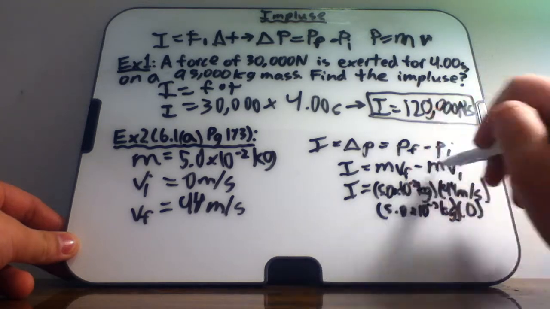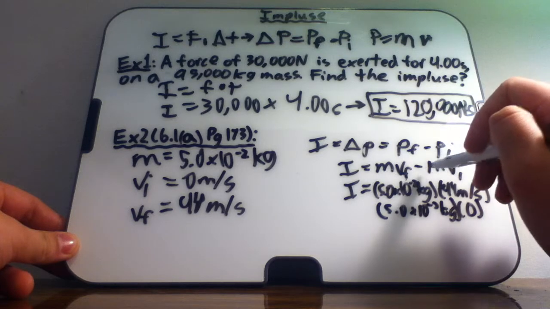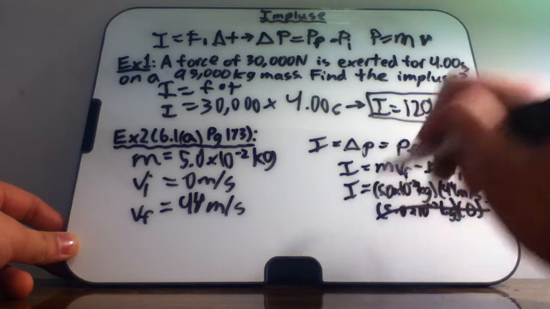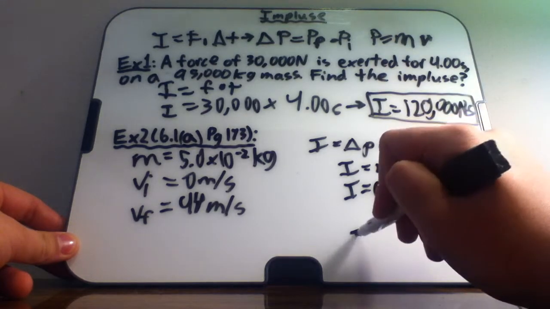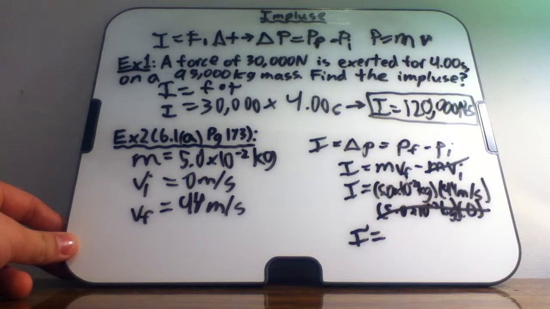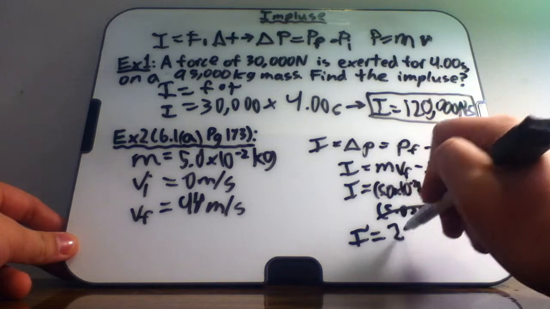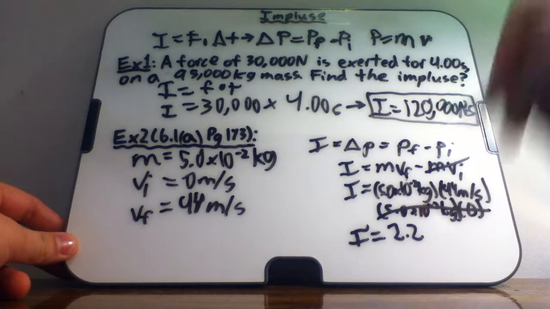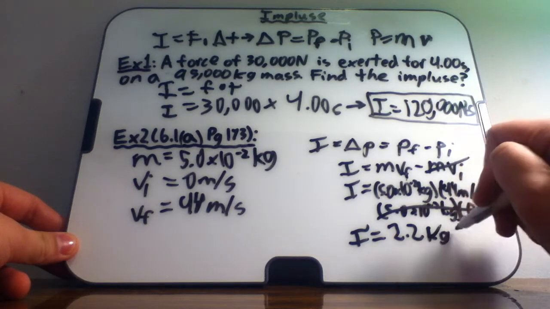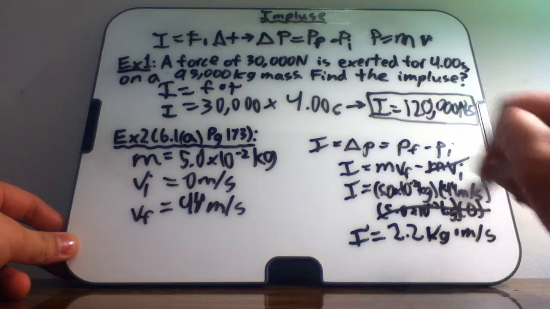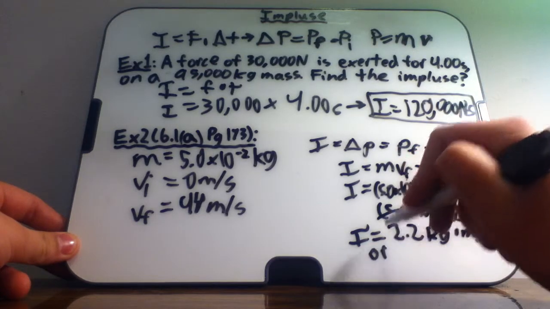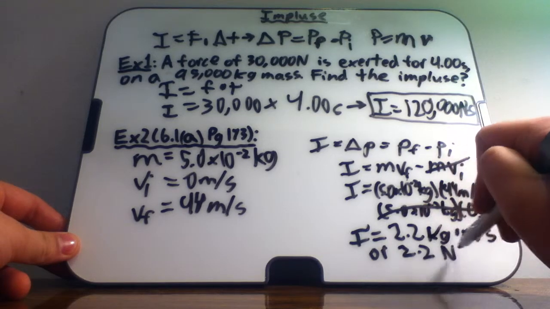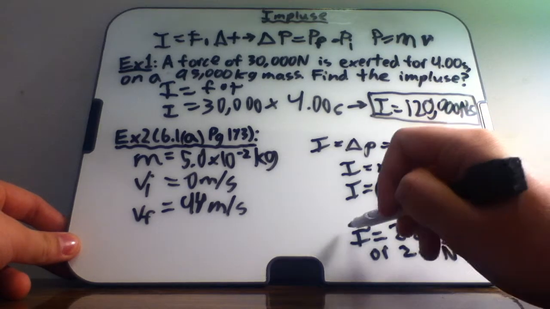That shows that the initial momentum is 0, so we can cross it out. Now we'll solve for the impulse, and the impulse is 2.2 kilogram meters per second, or 2.2 newton seconds.